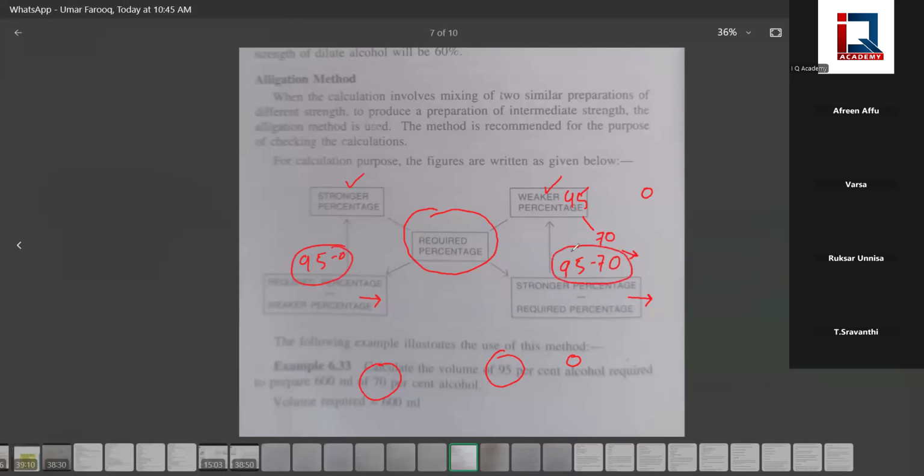This is how we are going to take it. We will see the examples, then you will understand. First, write down this one into the formula: required percentage in the middle, stronger on the right side, weaker percentage on the left side. Below, required minus weaker goes under the stronger, and stronger minus required goes under the weaker.